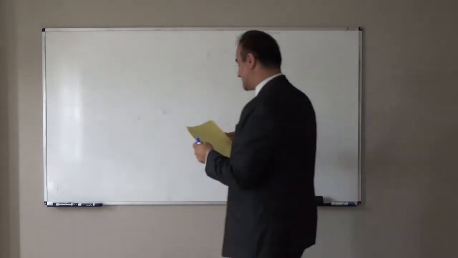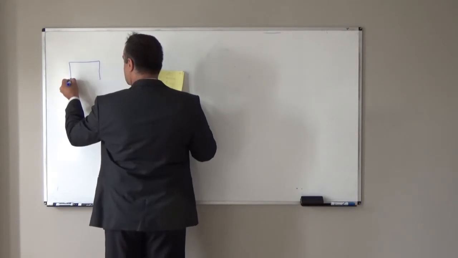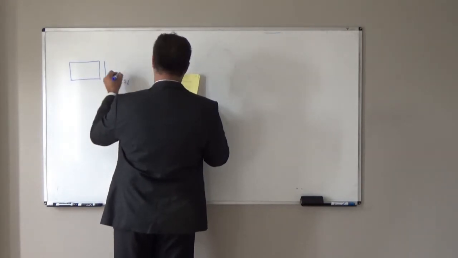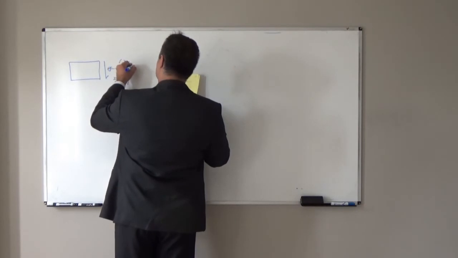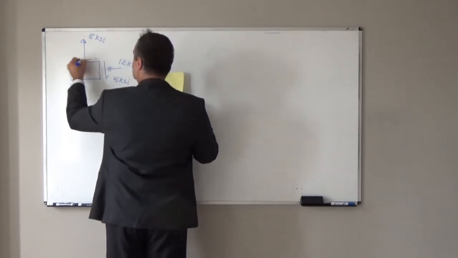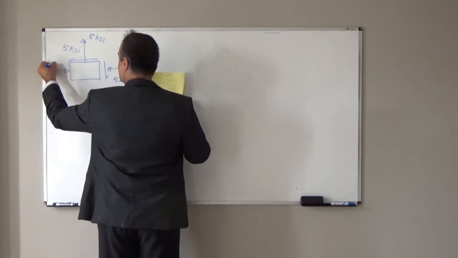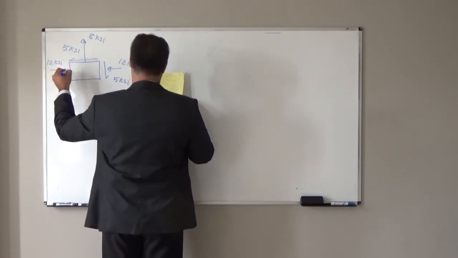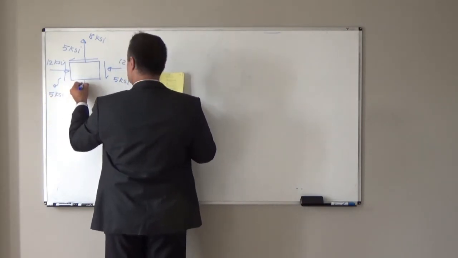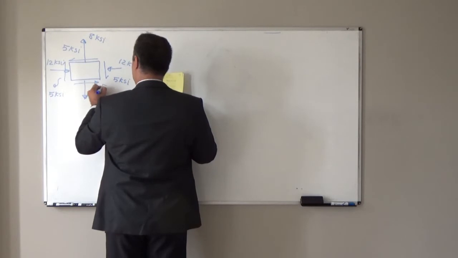If I have one stress element, and the state of stress on each face is given: this is 5 KSI, 12 KSI, 8 KSI, 5 KSI, again 12 KSI, 5 KSI, 8 KSI, and 5 KSI.